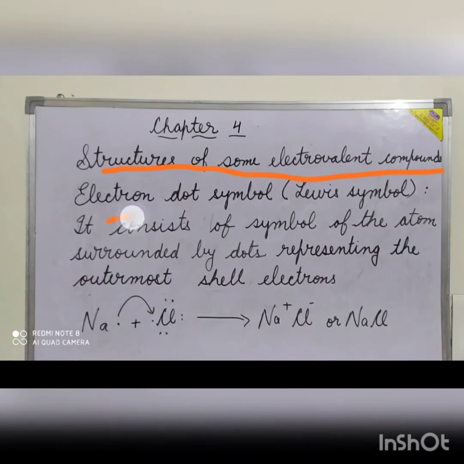The electron dot symbol, or the Lewis symbol. It is actually in the course of 10th, but a little introduction is done in the syllabus of 9th class. Lewis gave a concept of dot diagram in which only valence electrons, that is the electrons in the last shell or the outermost shell, are shown by dots.